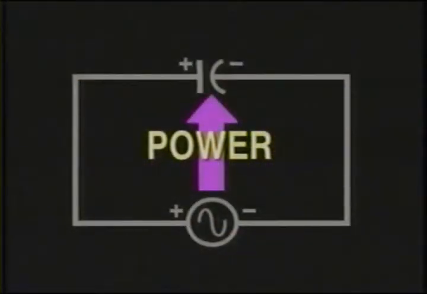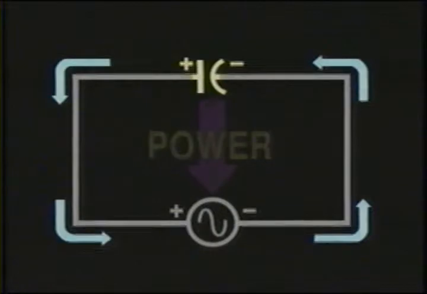However, power is a more complicated issue in circuits containing reactive components, because they not only draw power from the AC source, they also return power to the AC circuit as well. In an AC circuit containing capacitance only, for example, energy is first stored in the electric field within the dielectric. But this energy will also be returned to the source when the capacitor discharges.